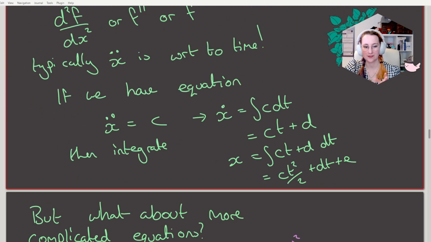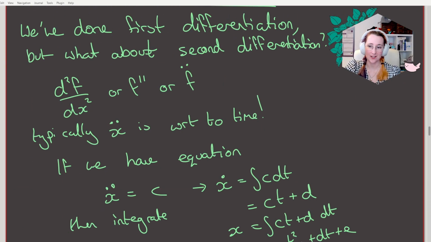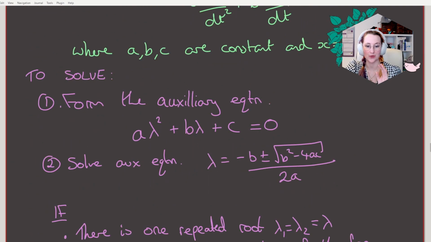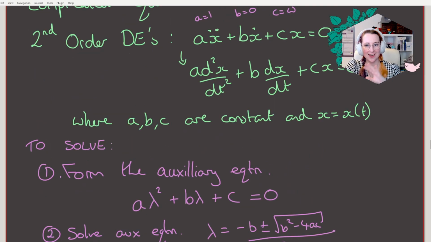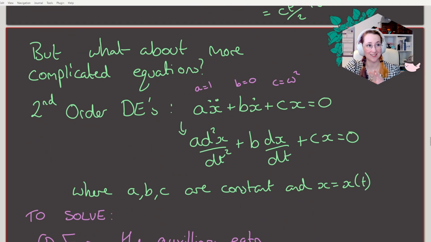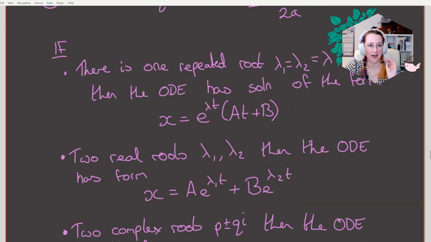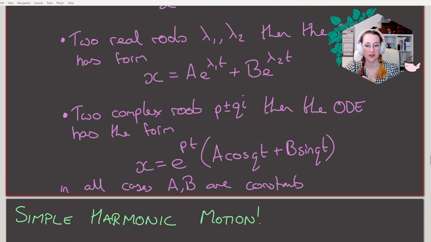A few pages of that. Then we started looking at second order differentiation and how we solved that. So a very brief introduction to second order homogeneous differential equations. If that right hand side was not a zero, there's a whole extra step that we didn't do, but we don't need to worry about that for now. So we just looked at a brief recap of how we would go about solving that.